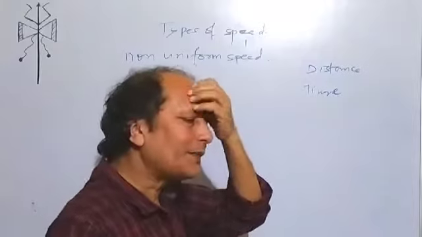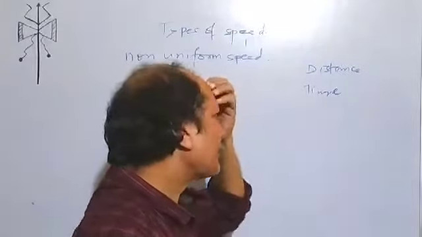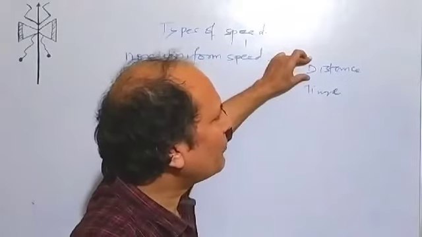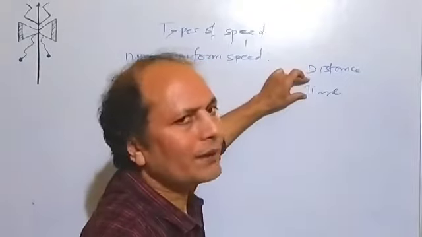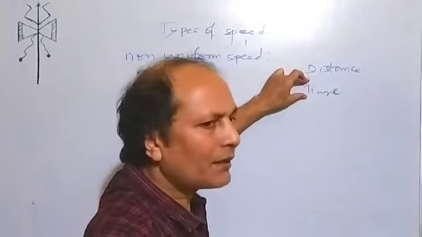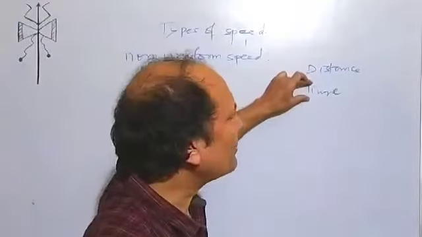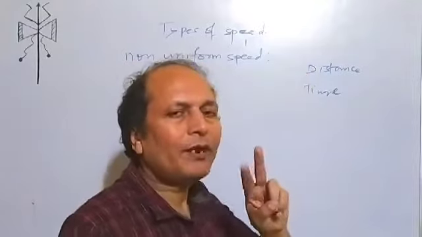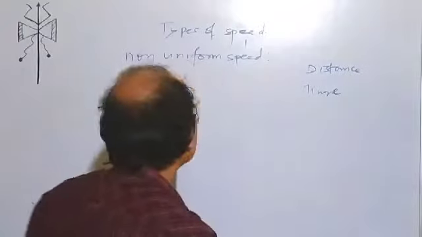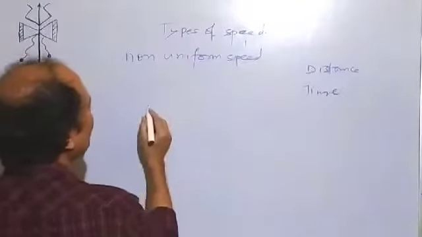Once again, in both ways, non-uniform speed can be explained.